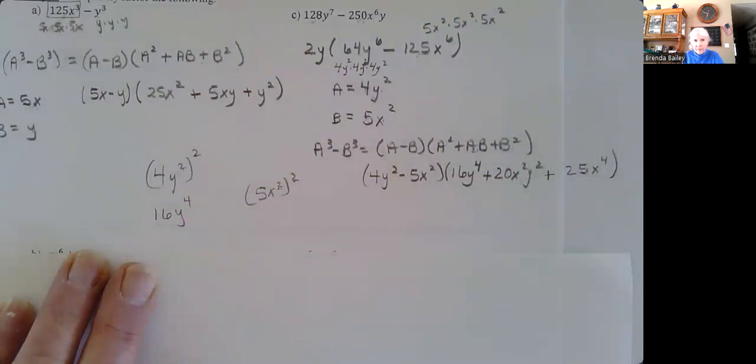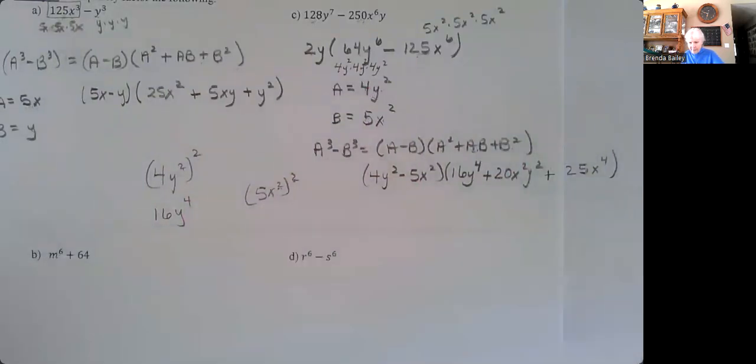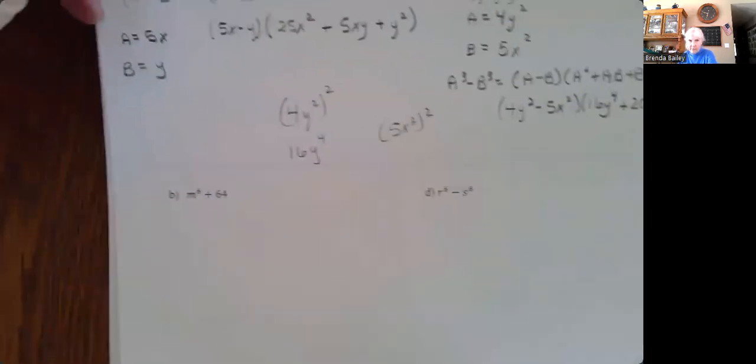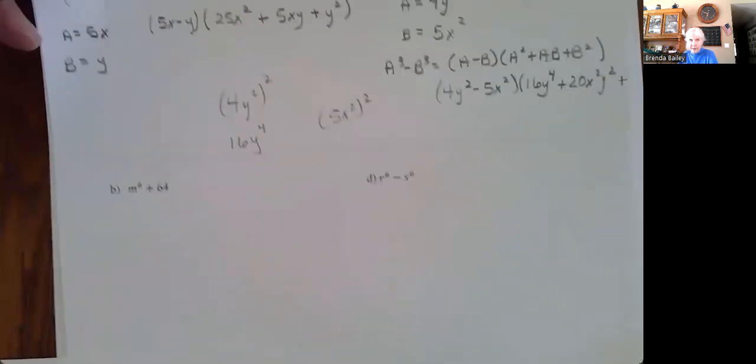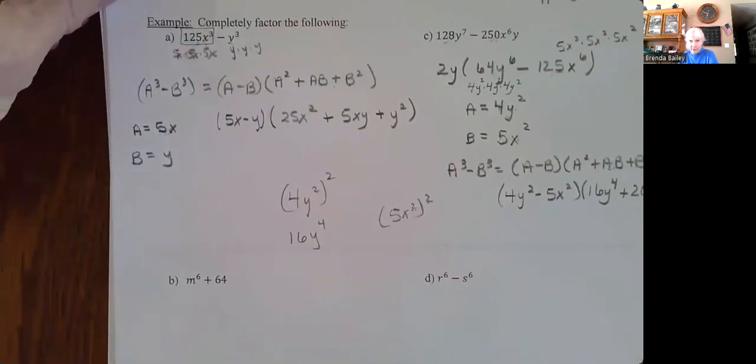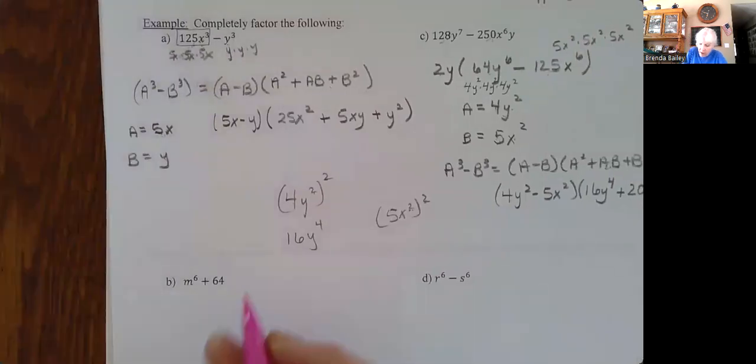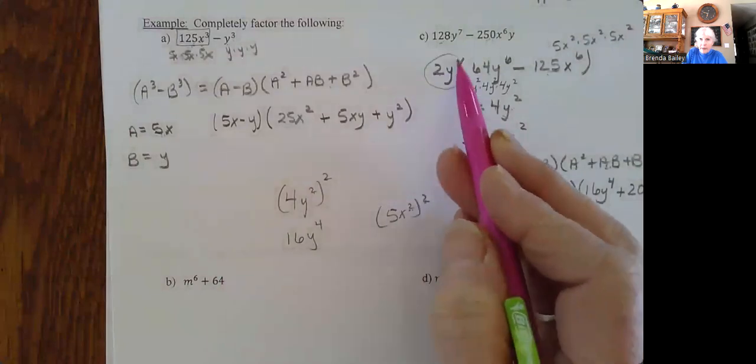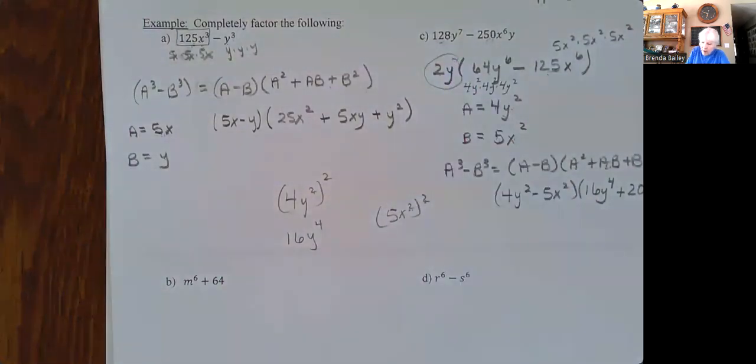All righty. Okay, let's try another one. Let's keep going. B to the 6th plus 64. Is there something in common to pull out like the last one? Pulled out a 2y. Nope, there's not. So you have a sum. So unless it's a sum of 2 cubes, if it's not, you're done.